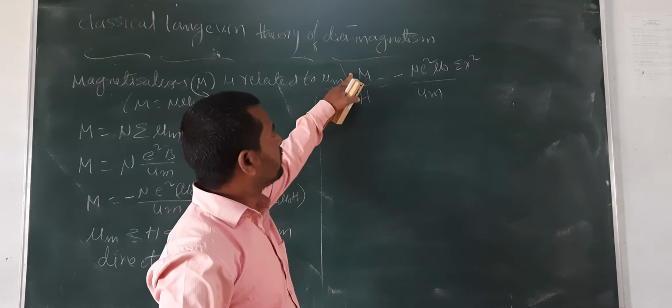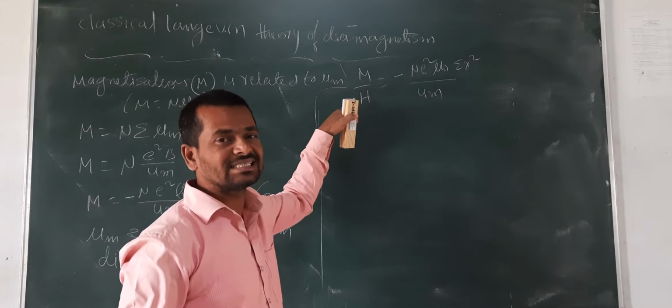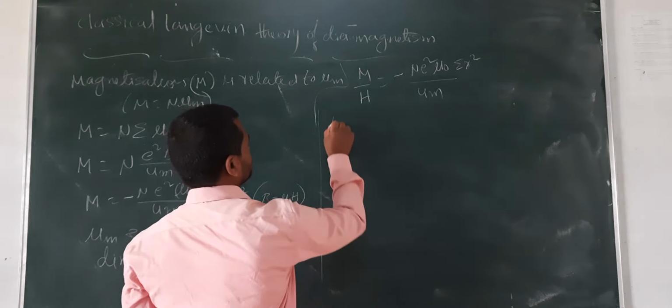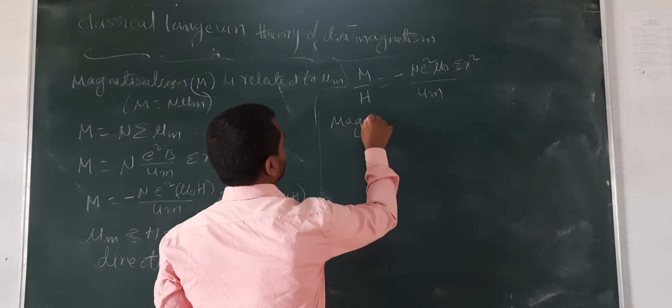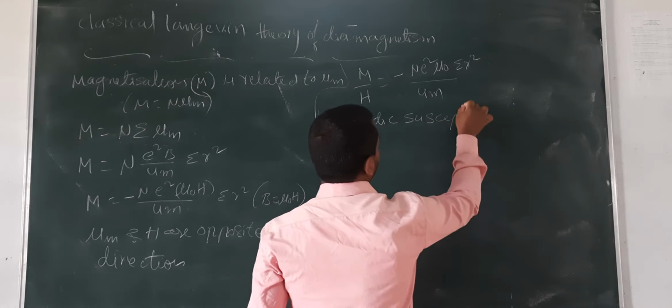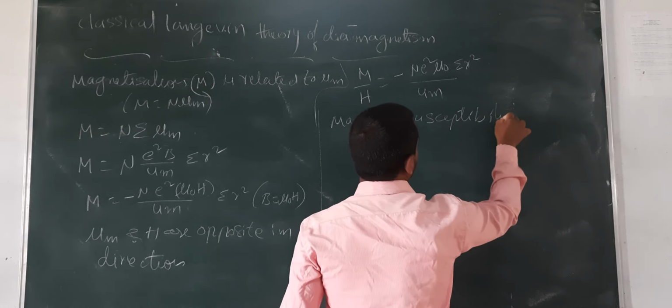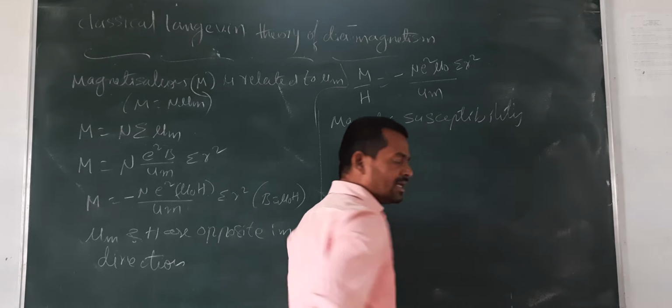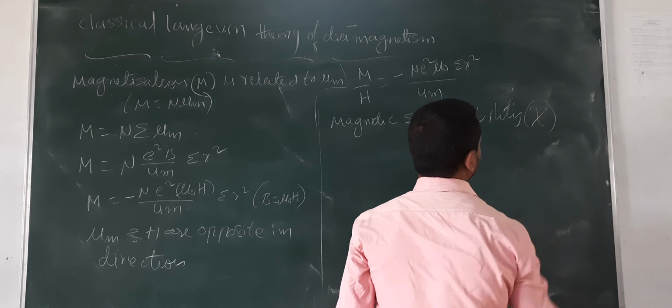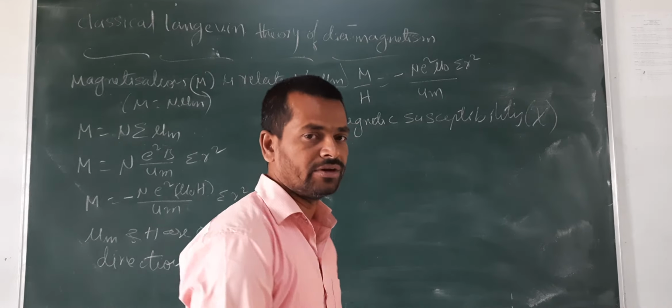Next, M by H is what? M by H can be written as magnetic susceptibility. Magnetic susceptibility is denoted by chi.